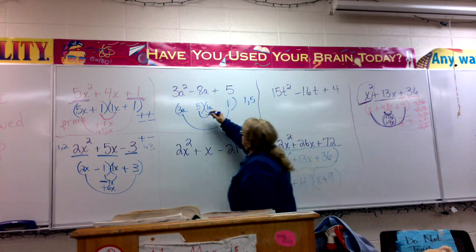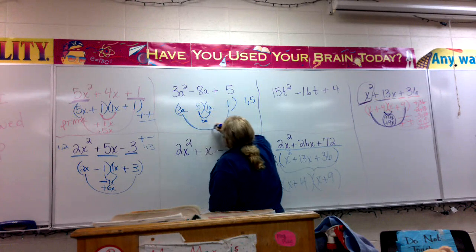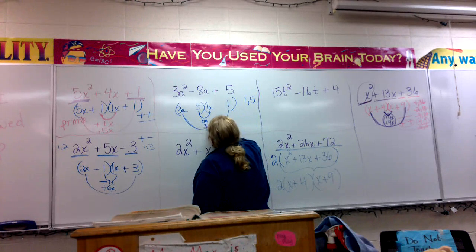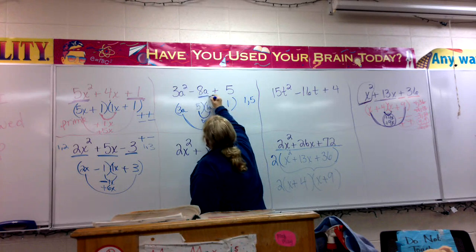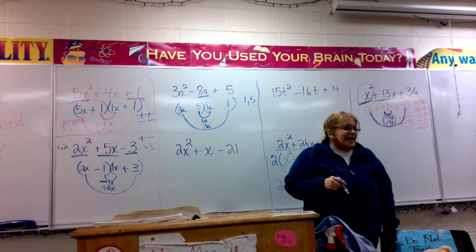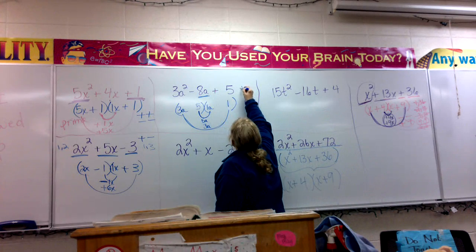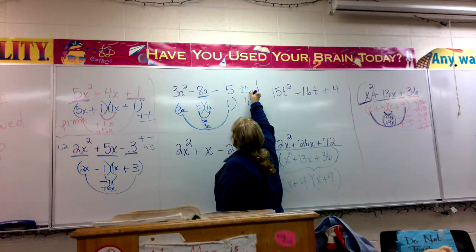Does that add up? What do I get here? 5a, and here, 3a. Does that add up to 8a? But actually now, the signs, be careful, the signs, it's positive, that means it's either positive, positive, or negative, negative.